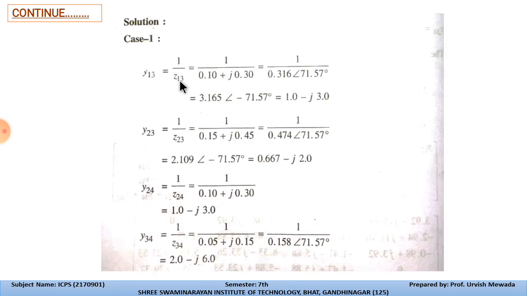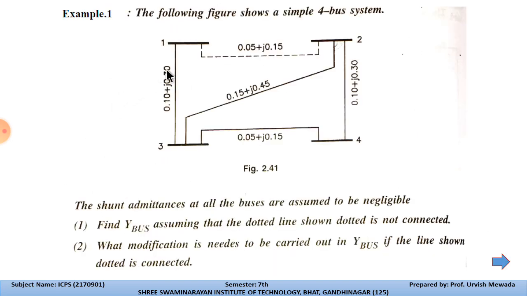So case number 1, suppose we have lines 1 to 3, then line 2 to 3 and line 2 to 4. So we have the admittances Y13, then Y23, then Y24, and then Y34 in the 4 by 4 matrix, because these links are connected between the buses.